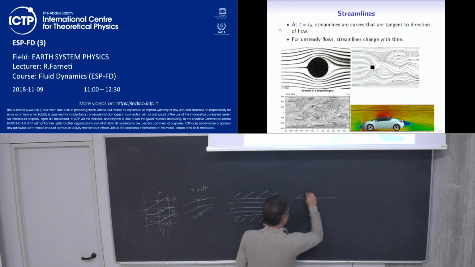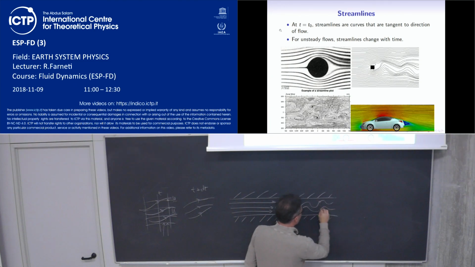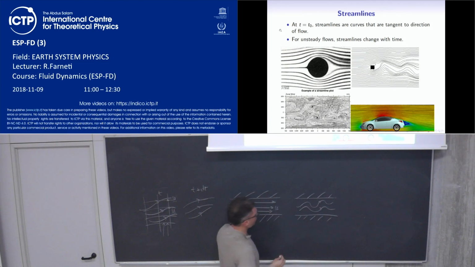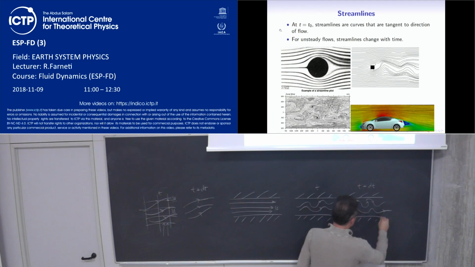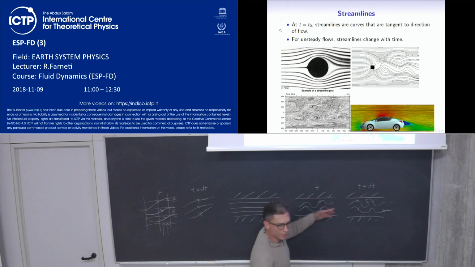If you have a very turbulent fluid, at some point the streamlines are like this, for example, and at t plus delta t, the velocity vectors are going to be like this. So the streamlines will change a lot because there is a lot of change in the velocity vector.